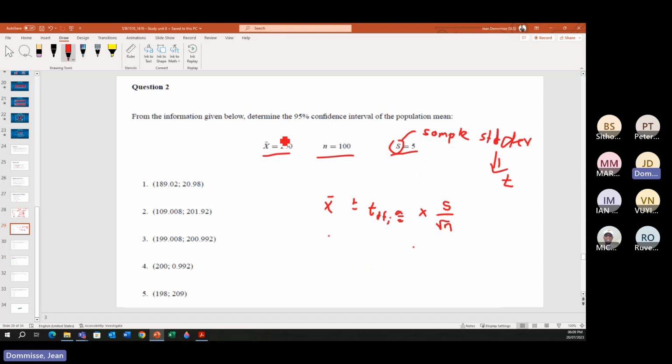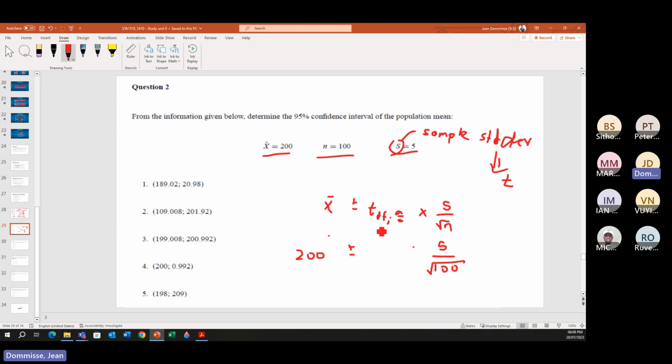Okay, so 200 is your x-bar, I give it straight to you, plus minus standard deviation is 5 divided by the square root of 100, which is going to be 10.